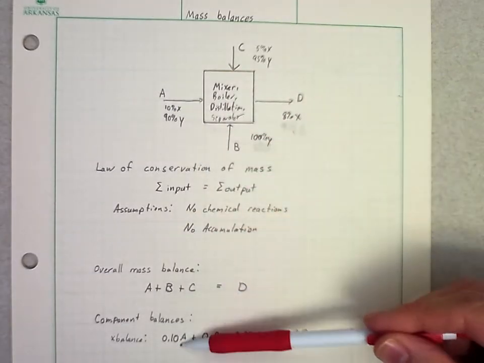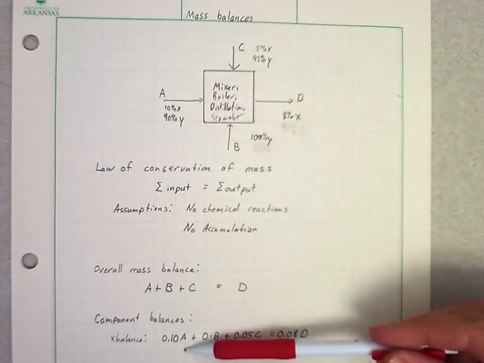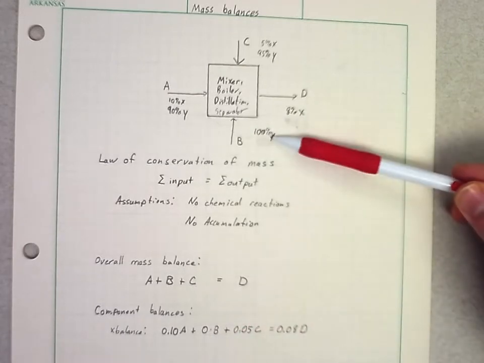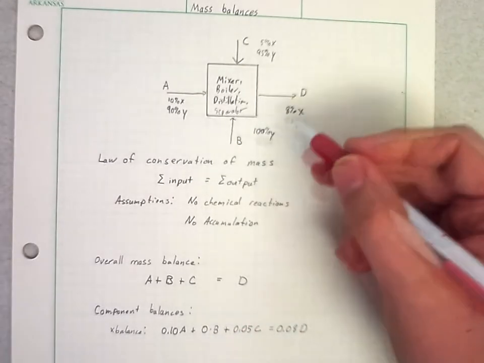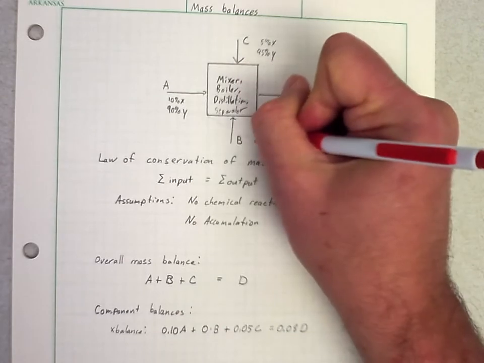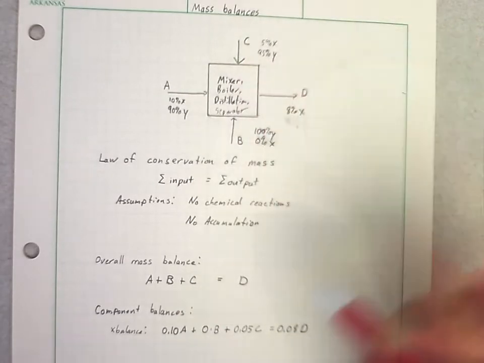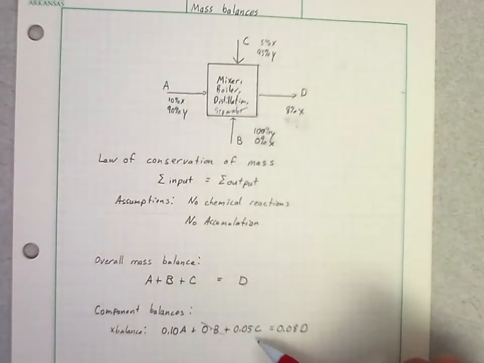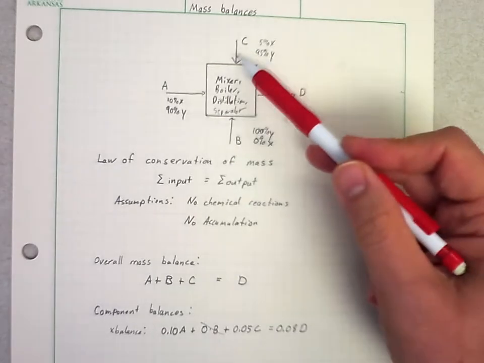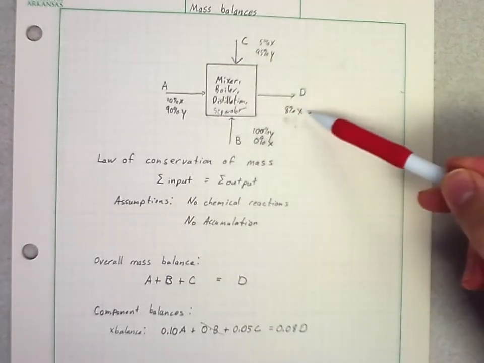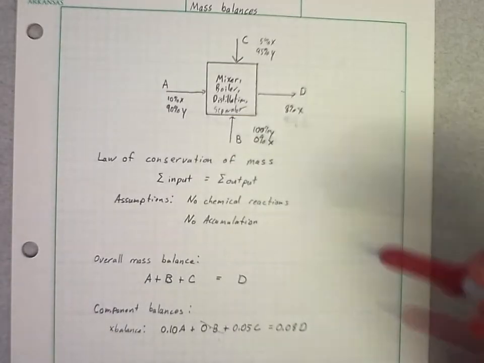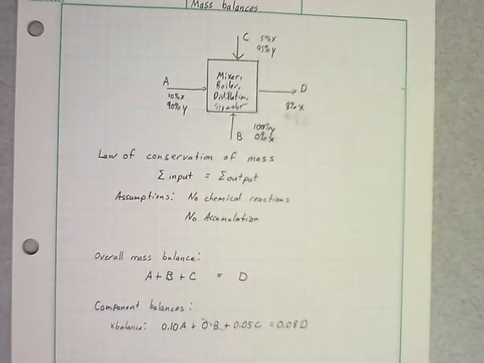So stream A is 10%, so 10% of A is X. 0% of B, because it's all Y, so it's not written here, but we can imply that if it's 100% Y, that also means that it's 0% X. So 0 times B, that's going to end up going away. 5% times however big C is, and now my end solution is that I want 8% in D at the end. So I could write that balance, and that would give me two equations.